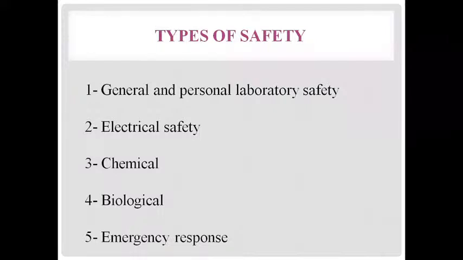And emergency response in the case of a spill in the laboratory or in case of an acid, how you're supposed to deal with all these emergency responses, because accidents are bound to happen. So these are some of the things that people need to be aware of before they start or engage themselves.